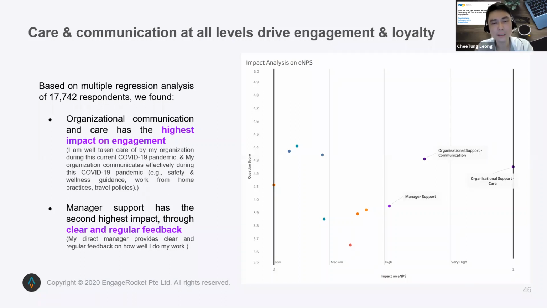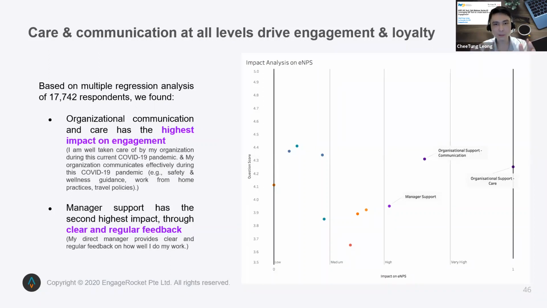Finally, another very interesting example was by a global marketing automation software company, where to deliver this manager support, they structured one-on-ones around a few different themes.